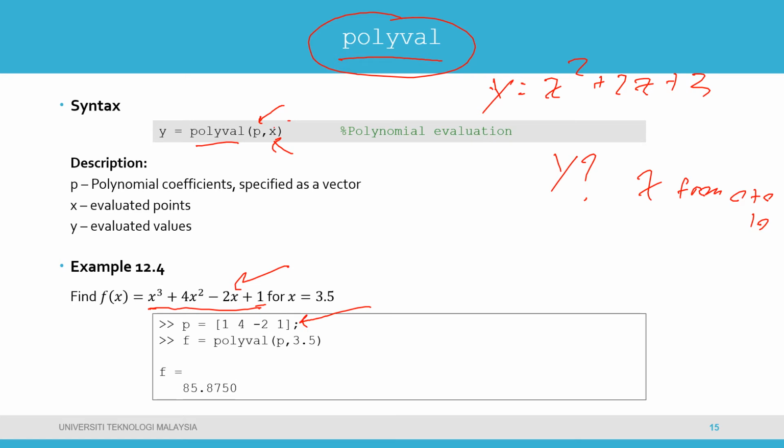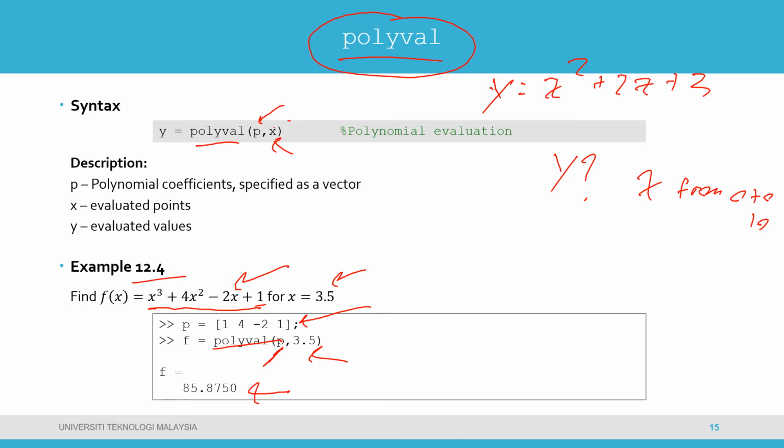And then you want to find what is the value for x equal to 3.5. So you just polyval the p and insert the x, the value number. So you will get the answer. This is a simple example, so you can try this.